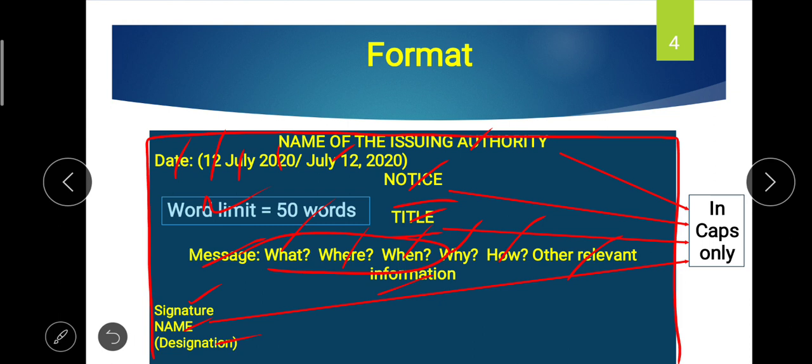Then don't mention your designation because your class address is your designation in that case. Now 4 things: name of the issuing authority, then the word notice, the title, and the name of the drafter. These 4 things must be written in capital letters only. Every letter of these 4 things must be capital.